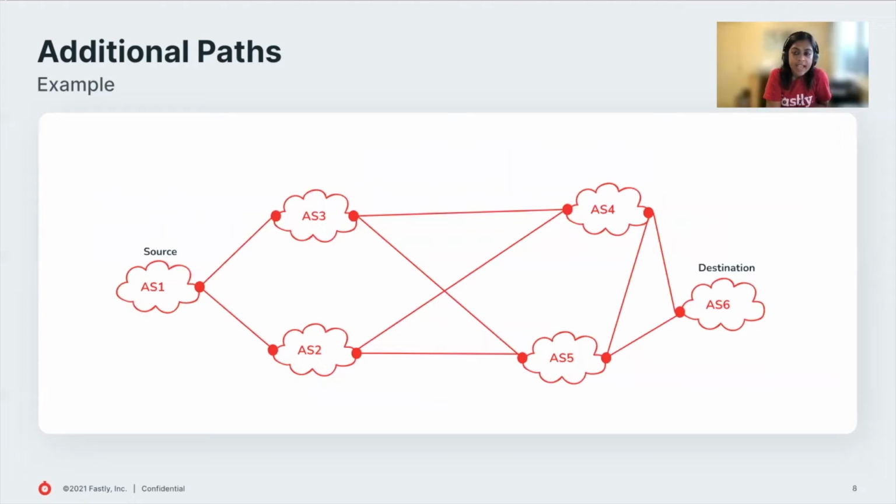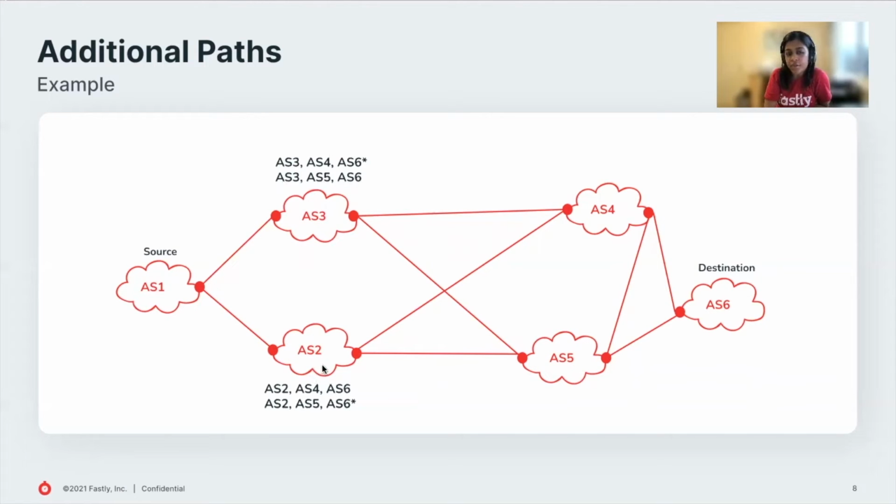So let's say we have this network of autonomous systems. AS1 is your source and AS6 is the destination that you're trying to reach. In this case, AS2 and AS3 each have computed how they can reach AS6. Essentially AS3 can go AS346 or AS356.